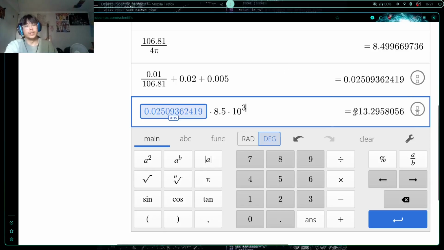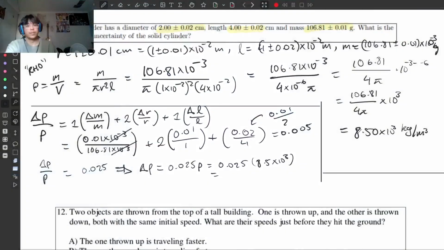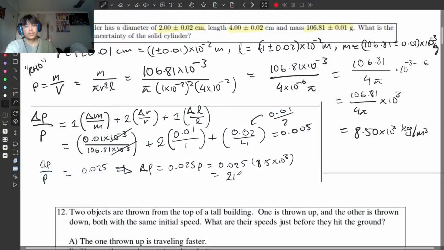We get 213.29. So three significant figures would be 213. Again, this would be the same units.